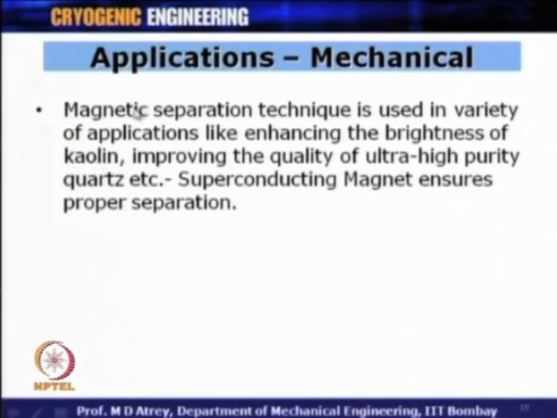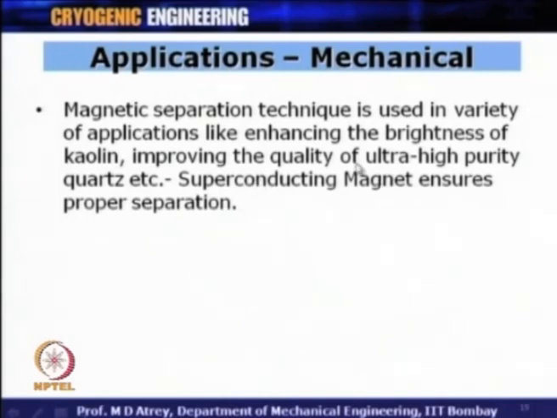However, in order to separate out these materials from the kaolin clay, what I need is very high magnetic fields, and these high magnetic fields can be achieved only by superconducting magnets and not by electromagnets. If I were to use electromagnets, then the current passing through these wires will be very high, and therefore losses will be very high. So, what I have to use for this is basically a superconducting magnet.